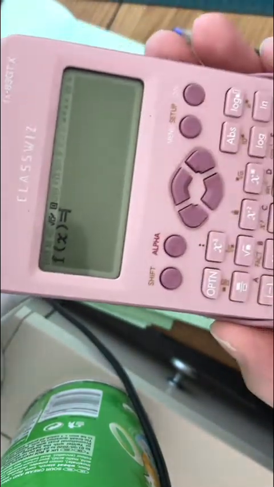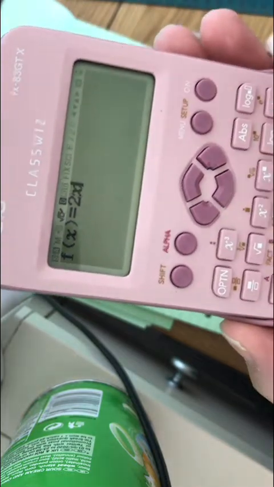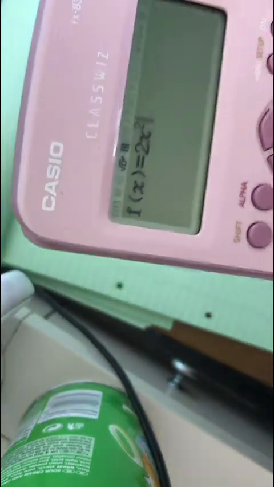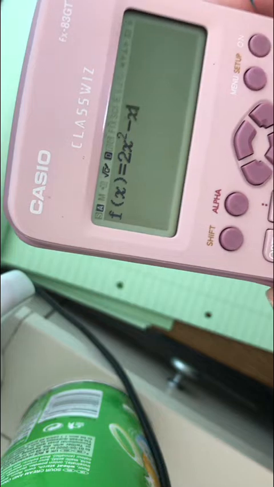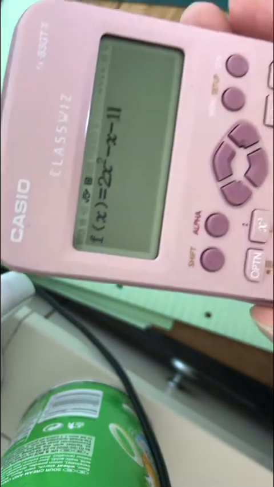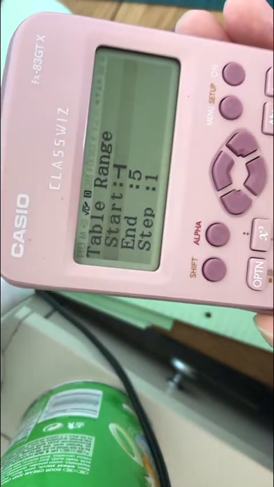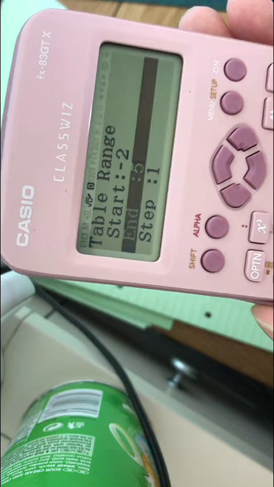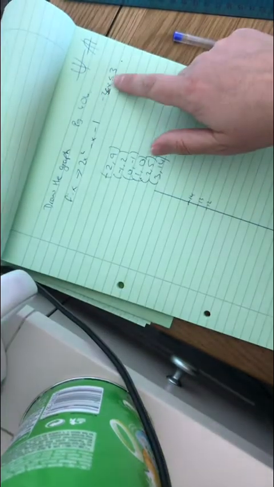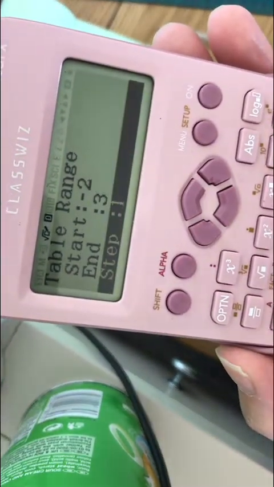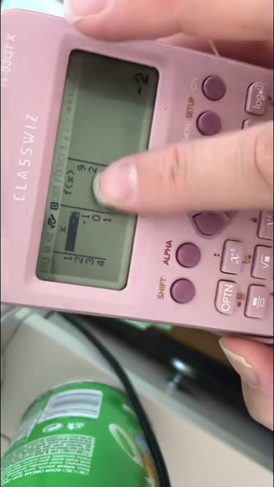The rule, in this case, is 2x squared minus x minus 1, and it's equal. And you just press equals on that. You're starting at -2. You're finishing at 3, and that's given to you by this bit. And you're going up in ones, and you get your table with your points.